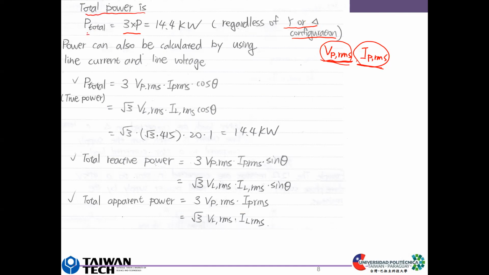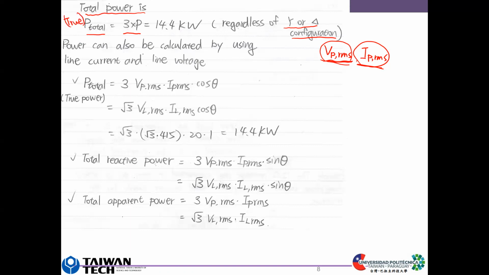Okay, and it is the true power. This is also called true power, or real power, right?